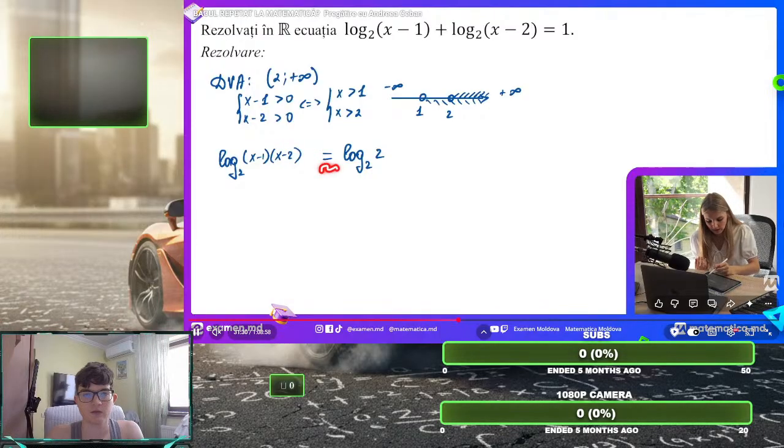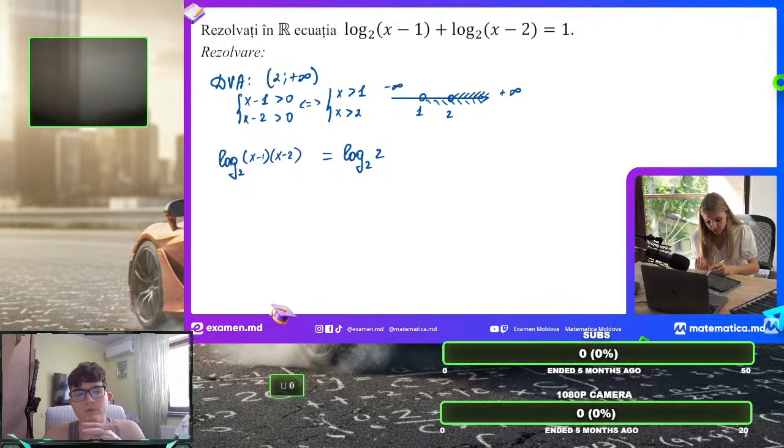And we work with the 1 in the usual way we do. LOG2 of 2 is 1 based on the property. If it's the same base and then the factor, it's just 1.